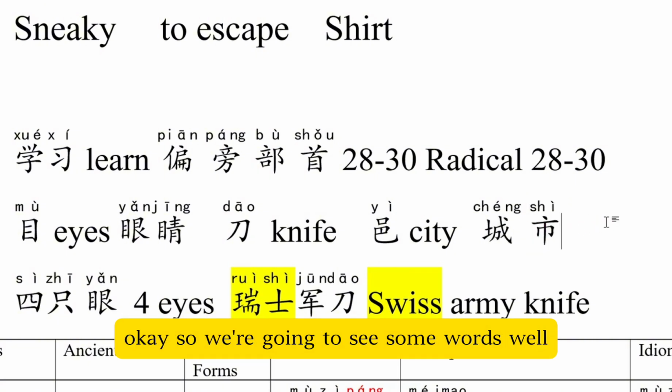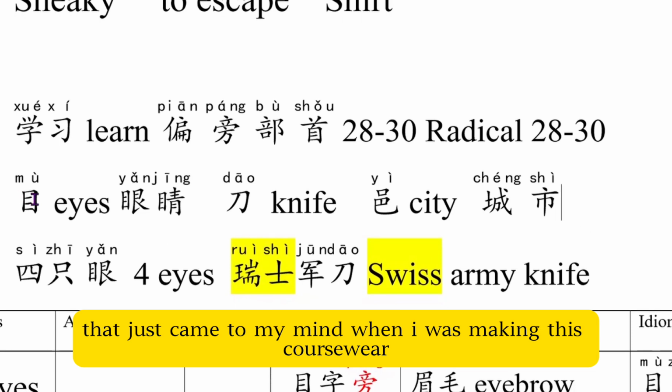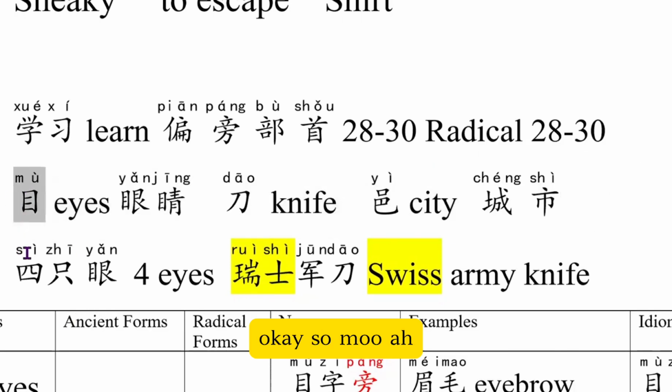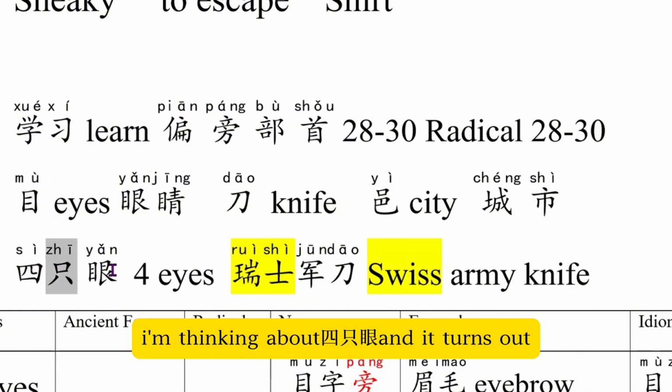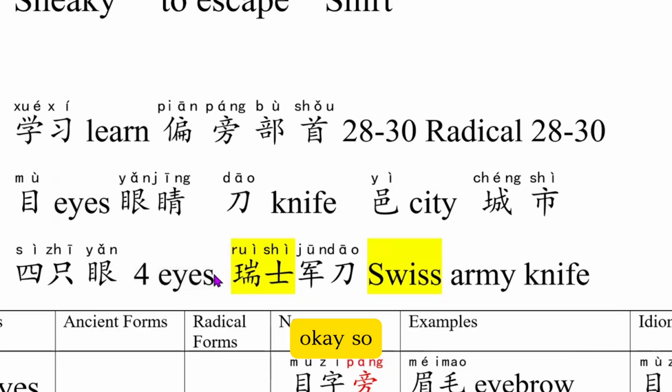So we're going to see some words, well, that just came to my mind when I was making this courseware, okay? So 目, I'm thinking about 四只眼. And it turns out, I guess in English Chinese, we all have this expression for people who wear glasses like me, okay?